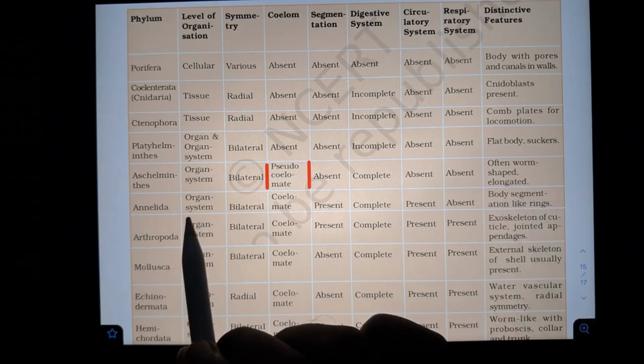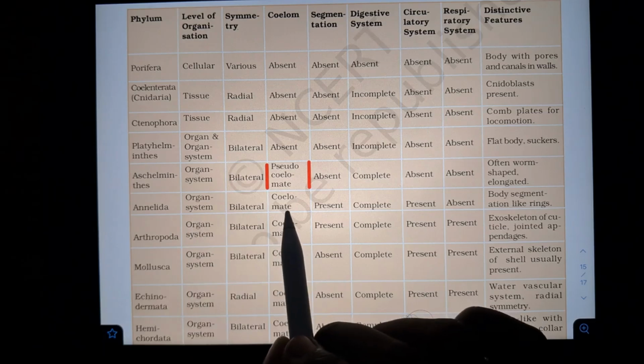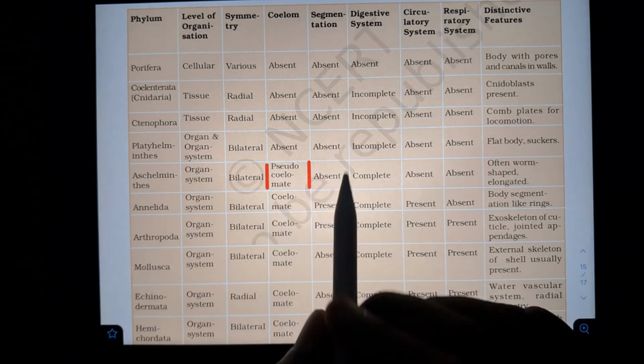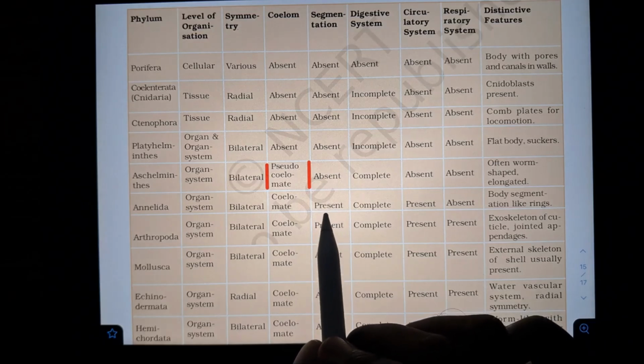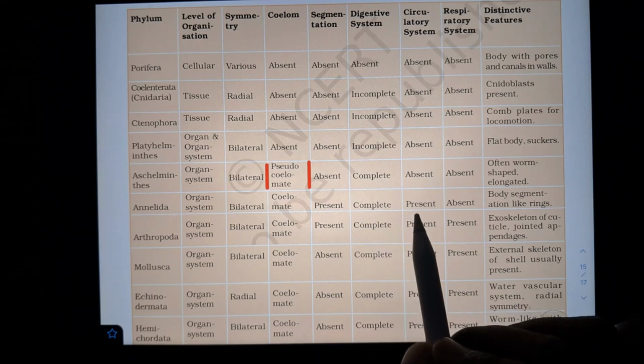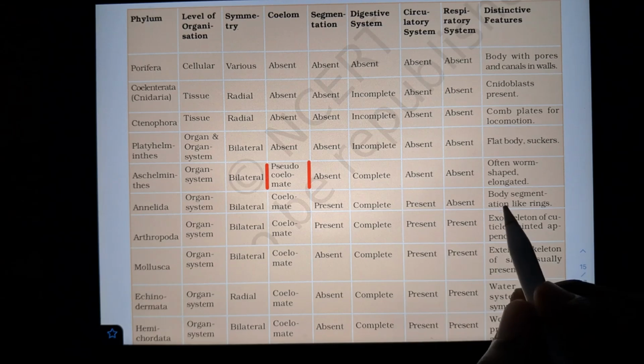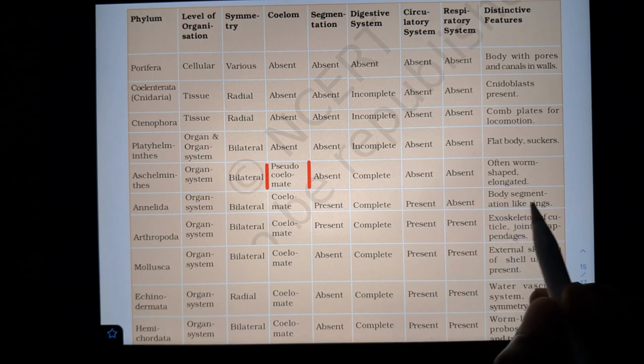Next, Annelida: organ system, bilateral symmetry, coelomate. Segmentation is present. A complete digestive system is formed, and the circulatory system is formed for the first time in Annelida. There is no respiratory system, and the distinguishing feature is a segmented body like rings.